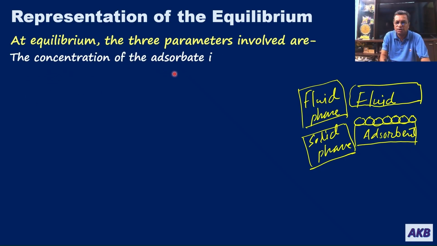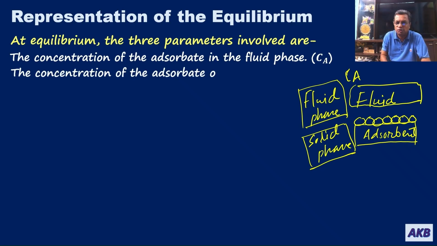One is the concentration of the adsorbate in the fluid phase, which we will denote as Ca in our discussion. And then the second parameter is the concentration of the adsorbate on the surface of the adsorbent. Once the component gets adsorbed on the surface of the adsorbent, we are going to denote its concentration on the surface by Cs.